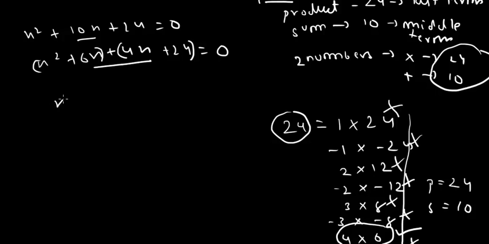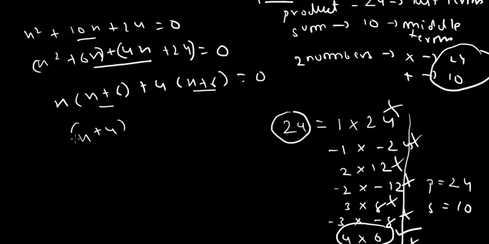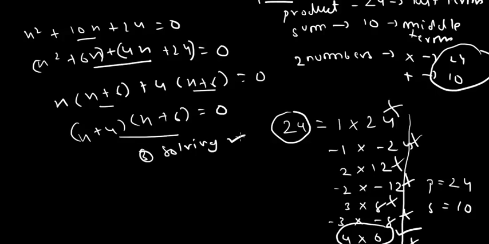So we have x as common factor here. X plus 6 remains inside the bracket, plus we have 4. Again x plus 6 remains inside the bracket. Now x plus 6 is common. So what we have here is now x plus 4 into x plus 6, which will give us 0. So the third step, that is solving, is completed.